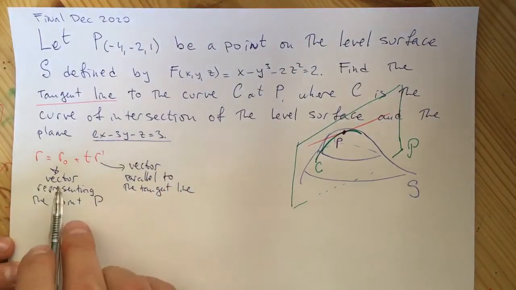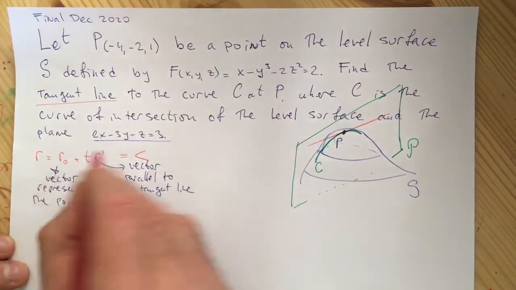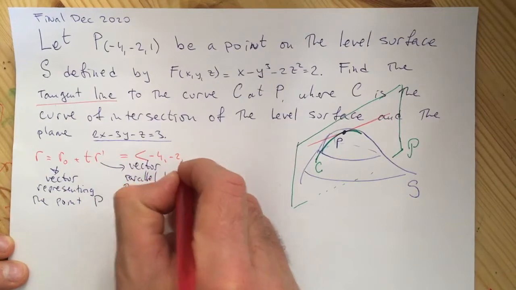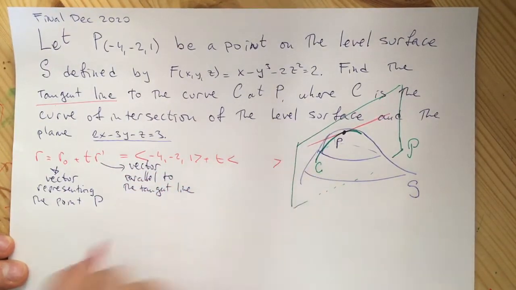So this is going to be equal to the point -4, -2, 1 plus t times some vector here.